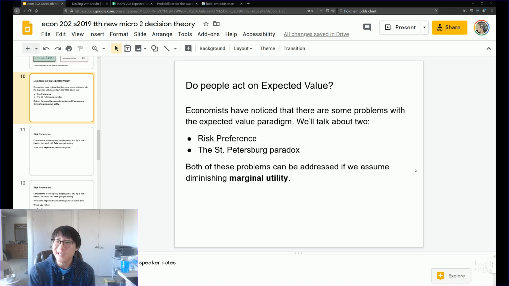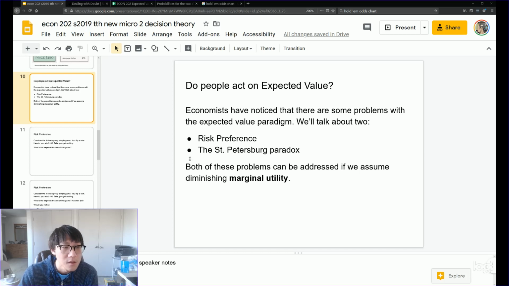What we'll see is that these two situations present a problem for expected value. However, we can resolve the paradox if we look at a closely related concept, if we assume that we ought to maximize not expected value, but something called expected utility.